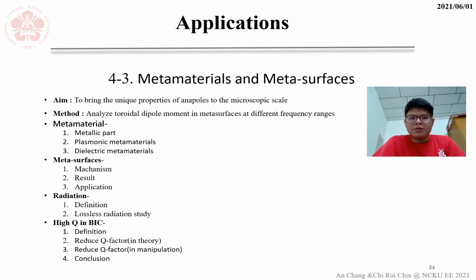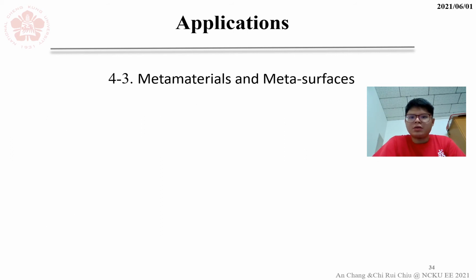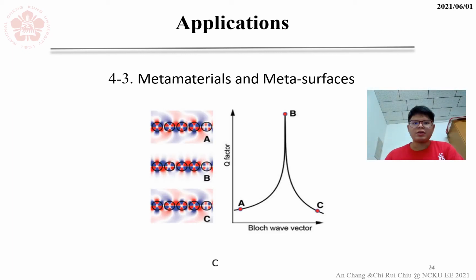And the third is radiation. Its definition is scaling the single resonators into periodic arrays, resulting in the appearance of collective interface phenomena not inherent to single resonators. In the radiation study, Figure C shows the dependence of the radiation Q factor of the leaky mode in the 1D array of dielectric spheres.